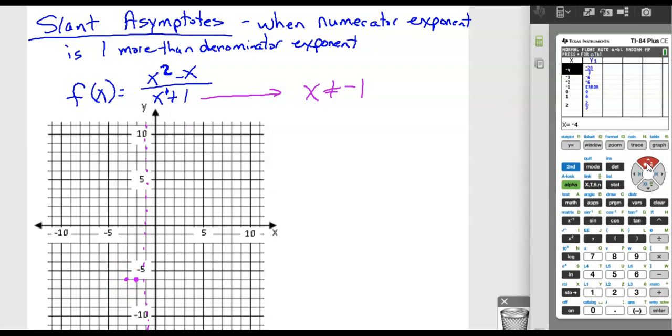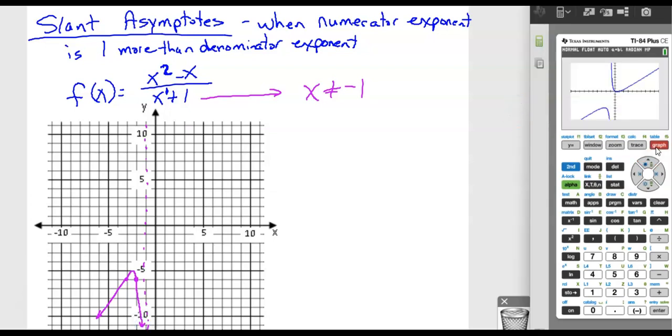And then all of a sudden, -4, -5, -6, -7, -8. Notice those numbers are getting more and more negative. It's going down like this, so it's going to loop up like this. And you can see that from the graph.